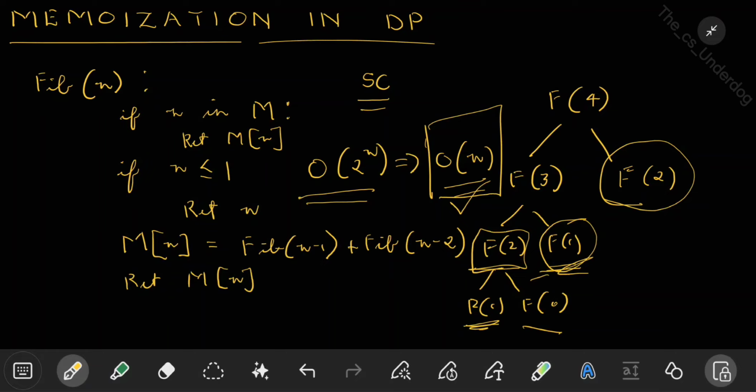It is applicable only when certain conditions are satisfied, that is, overlapping subproblems and optimal substructure are satisfied. The only thing you have to be concerned about here is space complexity. So in order to improve on the space complexity, we'll try to use tabulation instead of memoization. Let us see if that will improve anything in the next lecture.